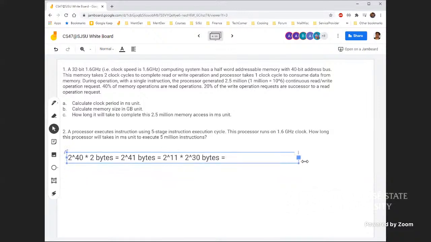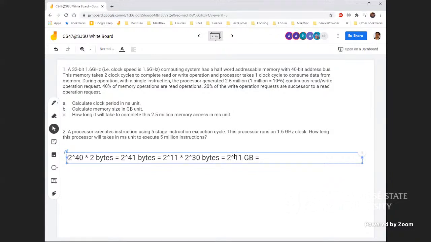Let me explain why I split it up like this. Because 2 to the power 30 is gig. In memory size calculation, 1 kilo is 1024, which is 2 to the power 10, 1 meg is 2 to the power 20, and 1 gig is 2 to the power 30. So it is nothing but 2 to the power 11 gigabytes.